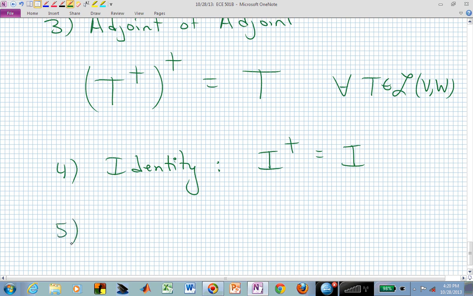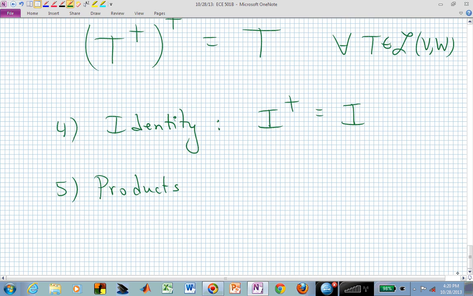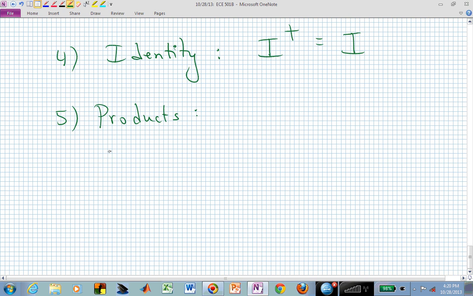Finally, with some of these properties, what happens if we have the product of two maps and we take the adjoint of that? Suppose we form the product of linear maps S and T and we take the adjoint of those.